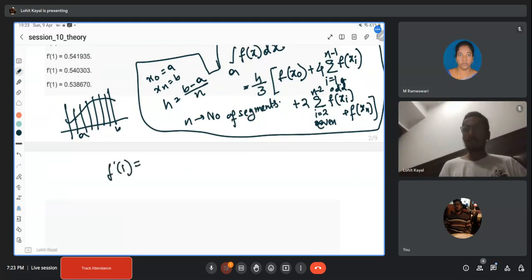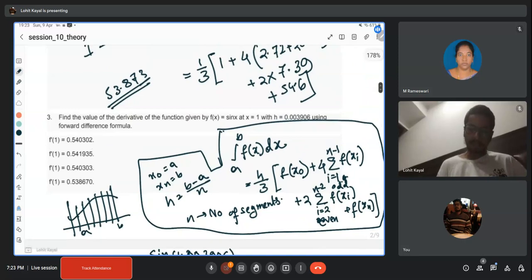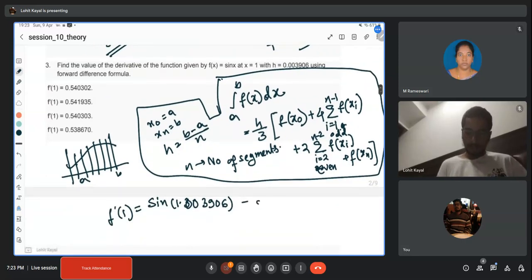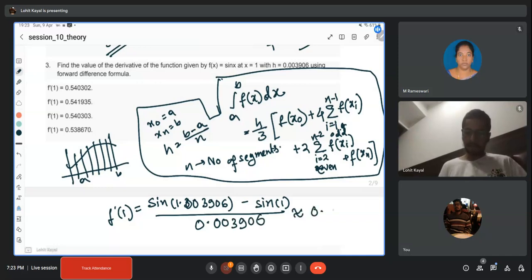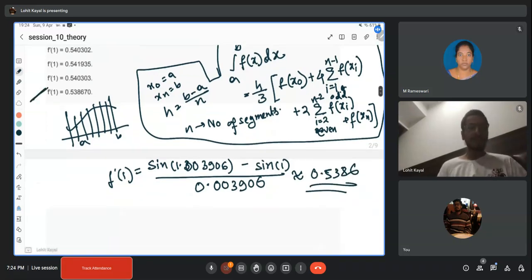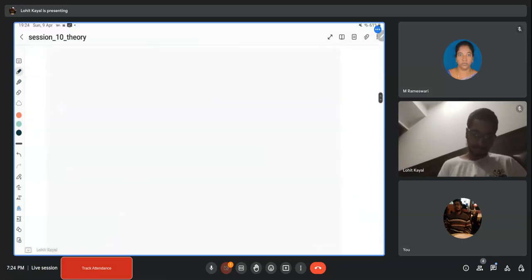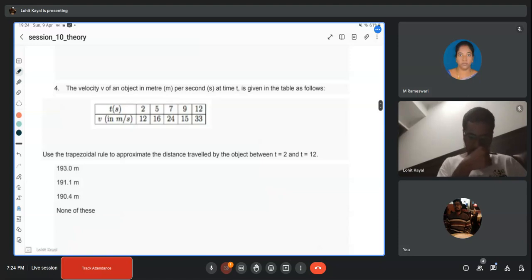Here f prime of 1 will be equal to sine of 1.003906, because it is provided here that h is this number, minus sine of 1, divided by 0.003906. If you calculate, you will find this value comes to around 0.5386. Just a straightforward question. So option B is the correct answer.